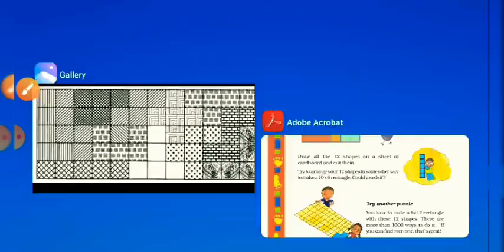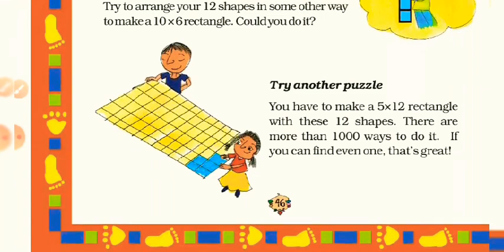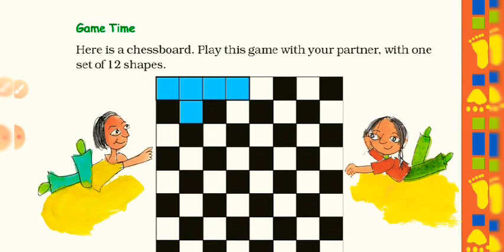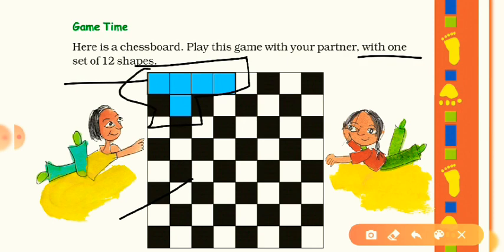Now the next page is game time. This is our next topic. So here is a chessboard, and you play this game with your partner with one set of 12 shapes. Okay, you all know how to play chess, but here we will not play chess. This game is different. Actually we have to use pentominoes. So how will you play that?